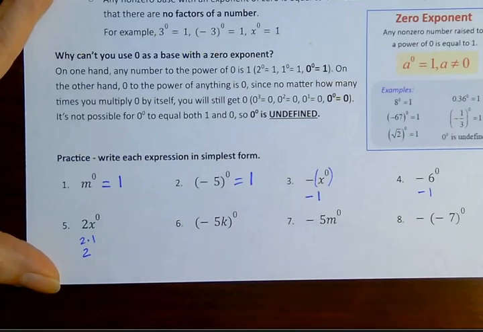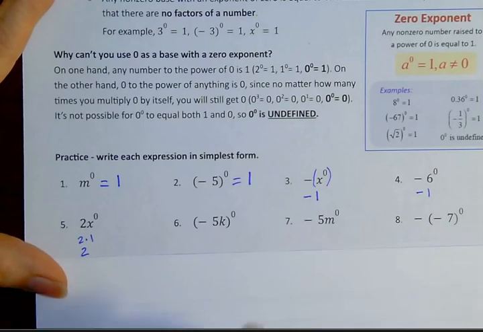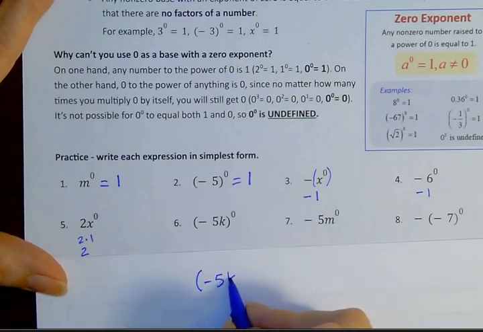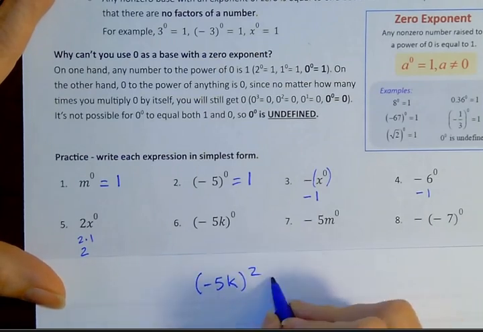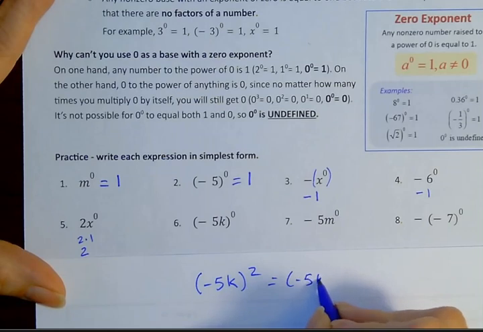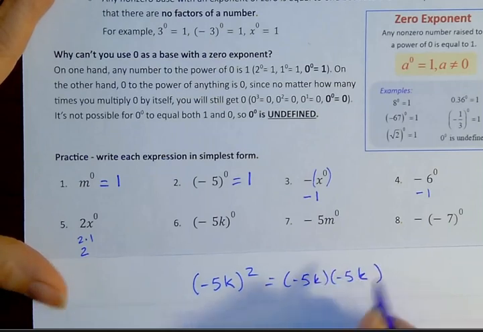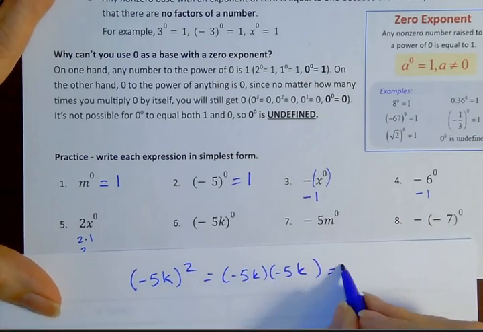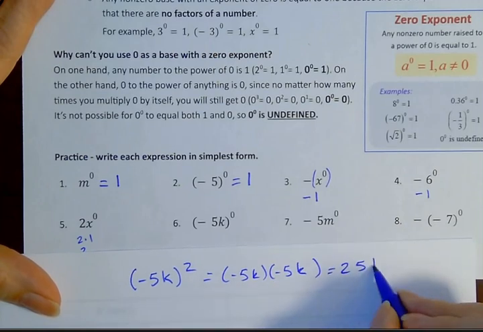And so when I work that out, and I'm going to work you through this, if I had this amount, negative 5k squared, that really means negative 5k times negative 5k, which really means negative 5 times negative 5 is 25, positive, right? And k times k is k squared.